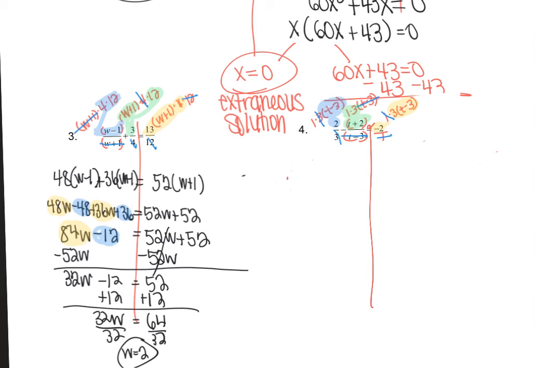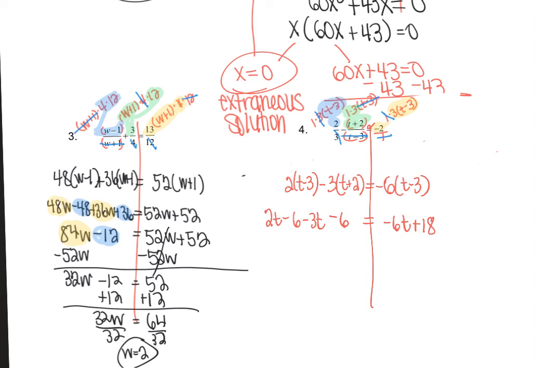So I have 2 times t minus 3 minus 3 times t plus 2 equals negative 6 times t minus 3. Okay. So I have 2t minus 6 minus 3t minus 6 equals negative 6t plus 18.